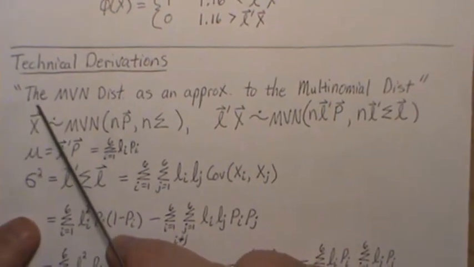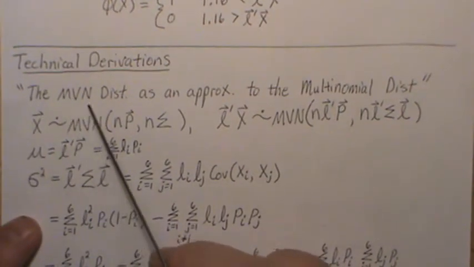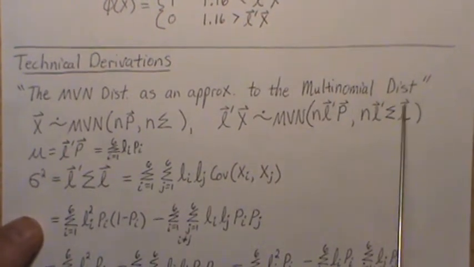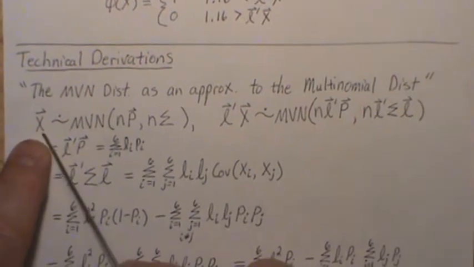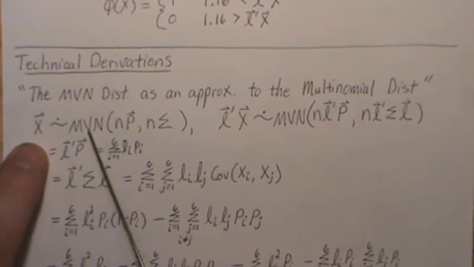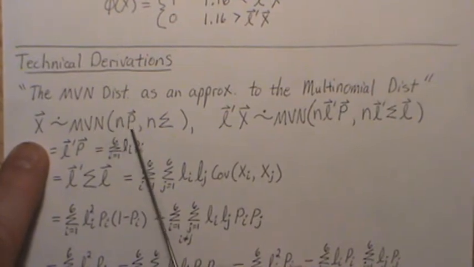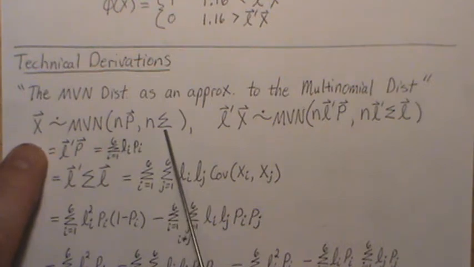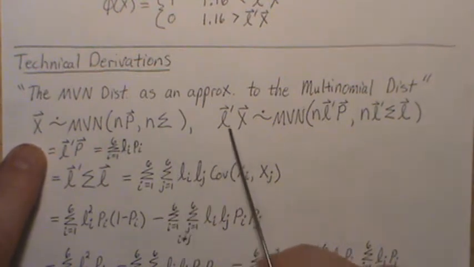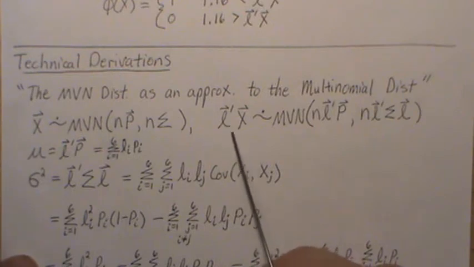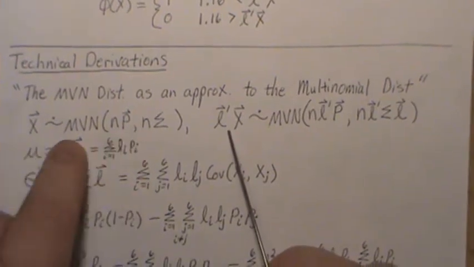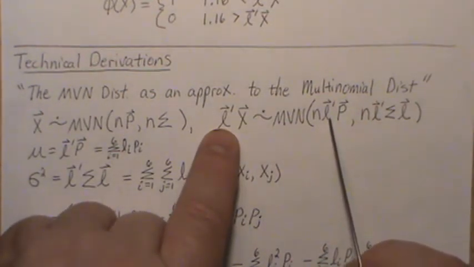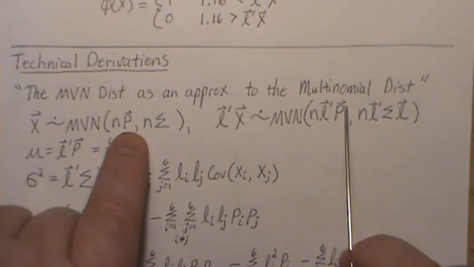But prior to this, I have a video called the multivariate normal distribution as an approximation to the multinomial distribution. And in there, we proved that X is asymptotically multivariate normal with mean nP and variance covariance matrix nSigma. Now, if we look at a linear combination of these X's, then based upon this and that video, the mean is just a linear combination of these probabilities.